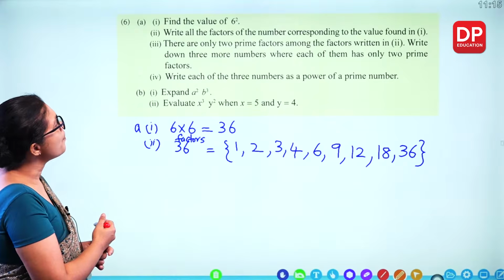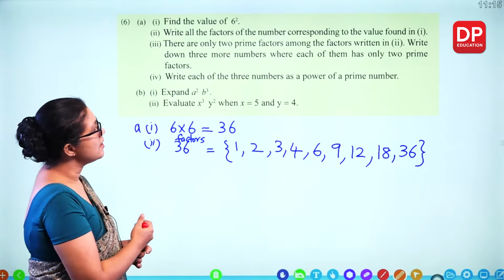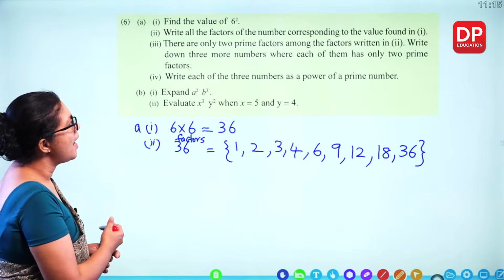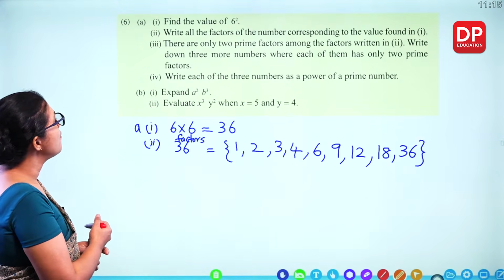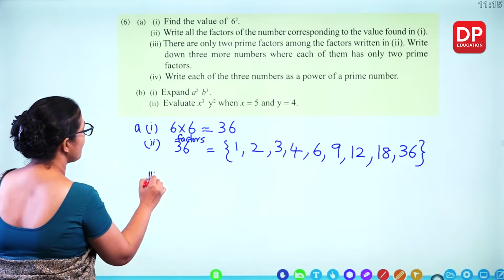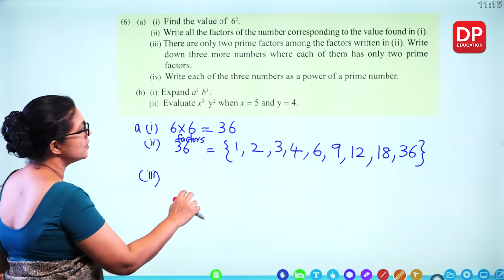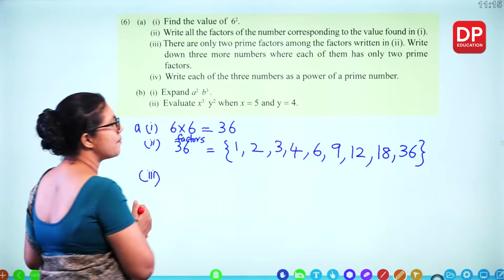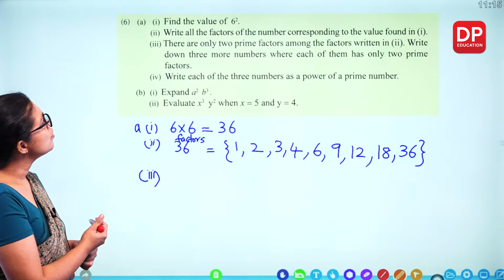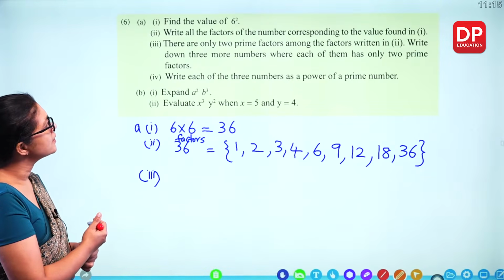There are only 2 prime factors among the factors written in 2. Write down 3 more numbers where each of them has only 2 prime factors. So here 2 and 3 are the prime factors. So write another 3 more numbers.